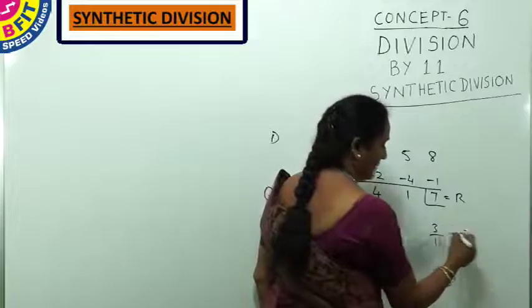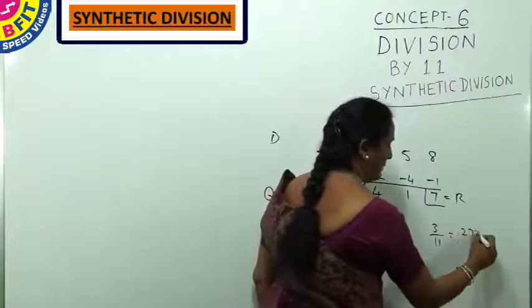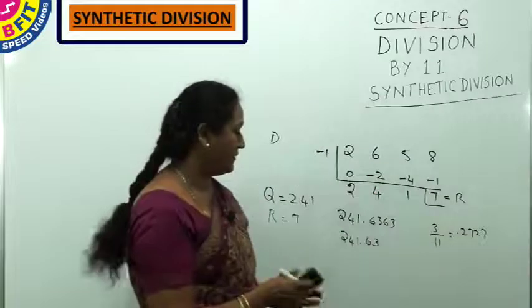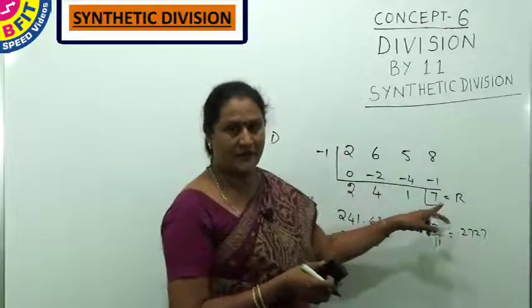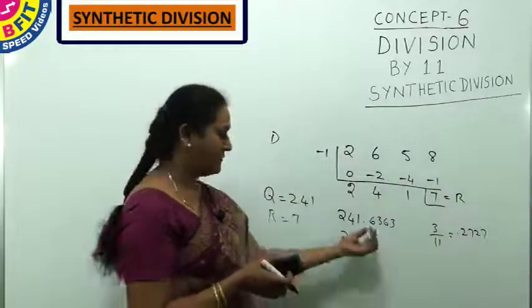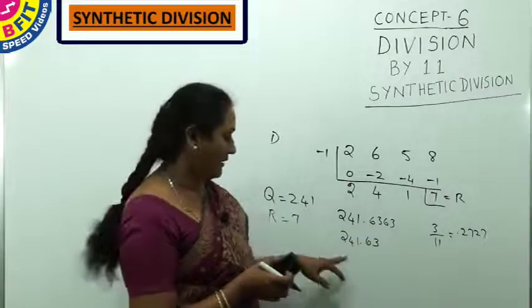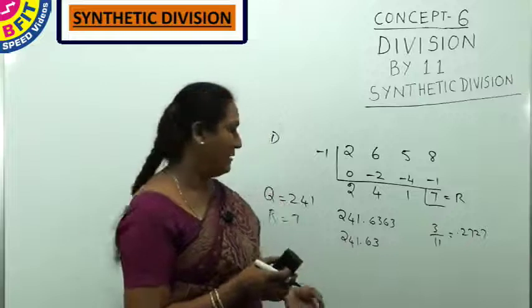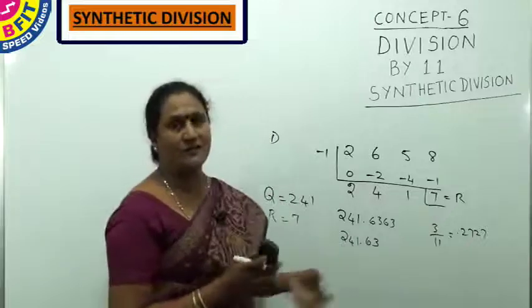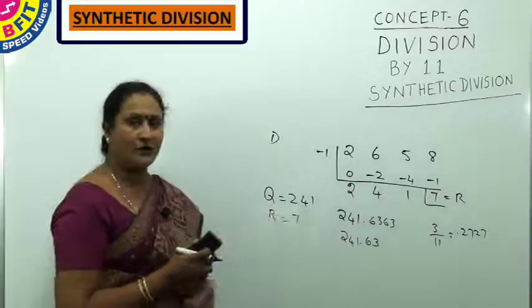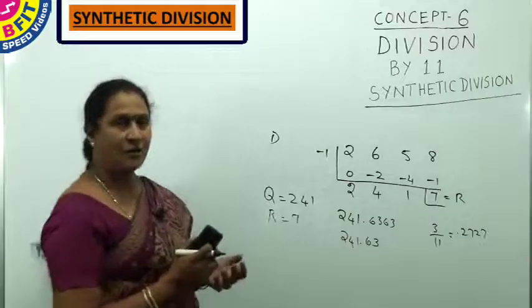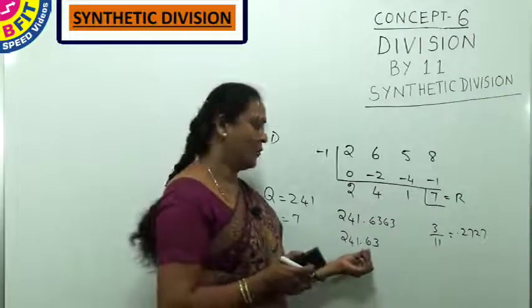It is 3 into 9, 0.2727 recurring. So here we have remainder 7. Dividing 7 by 11, the decimal part will be 0.63 recurring, and we can approximate to 2 decimal places, 241.63. So the quotient is 241 and the remainder is 7, or the answer is 241.63.